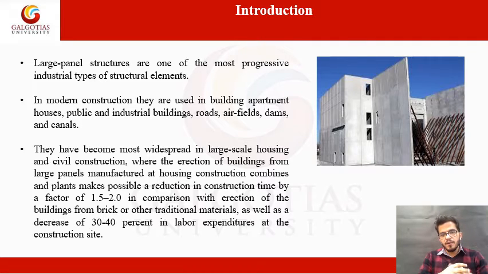So when we compare the time taken by traditional construction and the prefabrication system, the time involved in the precast system is 1.5 to 2 times less than the traditional method, as well as a decrease of 30 to 40% in labor expenditure. Obviously, when the time is reduced, there is also a reduction in the labor expenditure, which also reduces the cost of building construction.